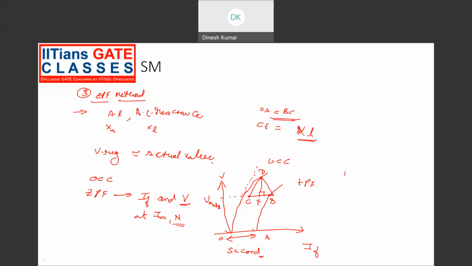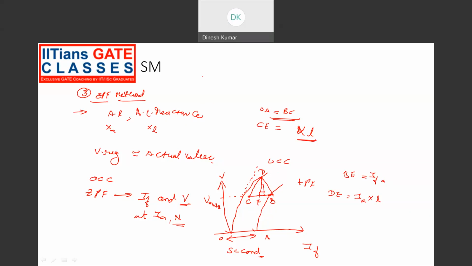So the length BE gives us IFA, that is the field current required to overcome the drop due to armature reaction, and DE gives us the drop IAXL.